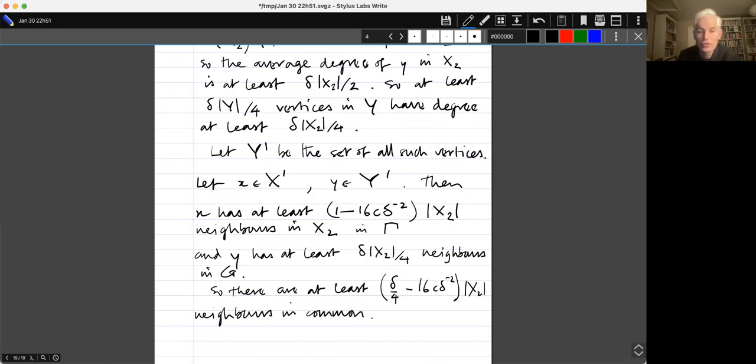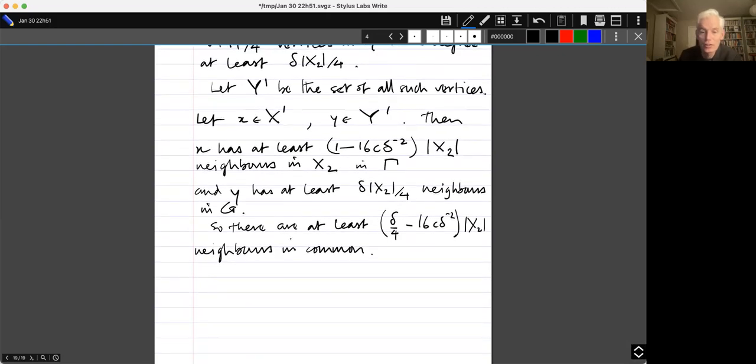And so what we're going to do is just choose C so that this thing equals delta over 8. So let C equal delta cubed over, it looks as though it's got to be delta cubed over 4, over 8 times 16. And what's 8 times 16? It's 128 because it's 8 eighths times another 2. So let C equal delta cubed over 128.